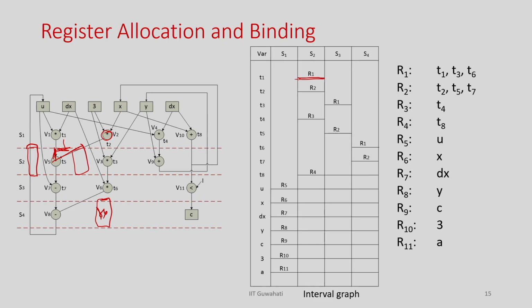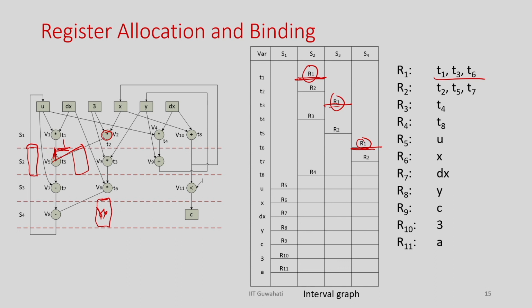That means if this variable is needed here and this variable is needed there, and they are not needed at a common time, there is no overlap in their lifetime, then I can store them into a single register. For example, here T1's lifetime is this, T2's lifetime is this, T6's lifetime is this, and they are non-overlapping. So they are needed in the hardware at different times. So I can store T1, T3 and T6 into register R1. That is the register sharing, and this is how the sharing happens.